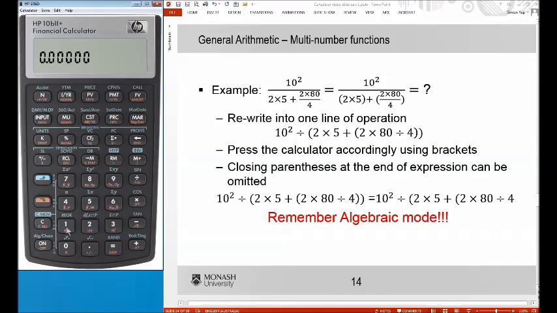And we start by 10 squared, divided by open bracket 2 times 5 plus second open bracket 2 times 80 divided by 4, closing bracket, equal, and the final answer is 2.